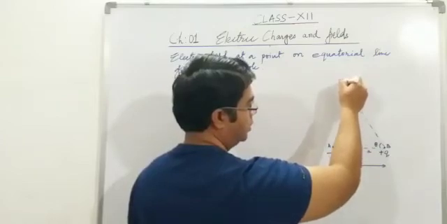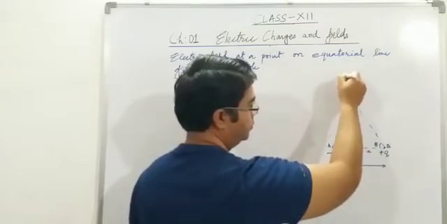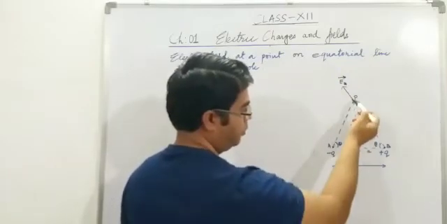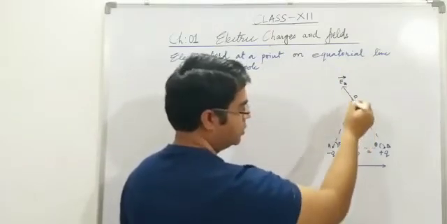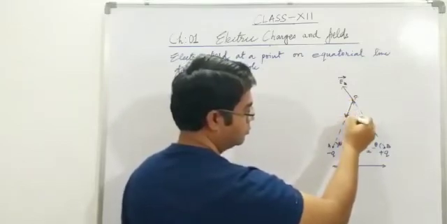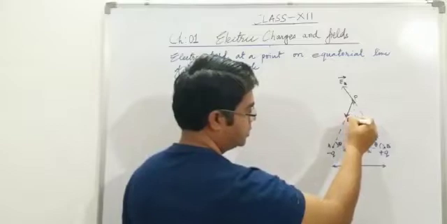Let it be represented by EB. The electric field due to the negative charge at point P is towards the negative charge. Let it be represented by EA.